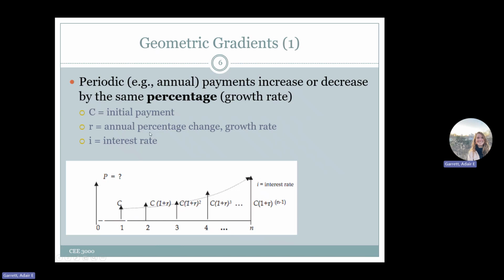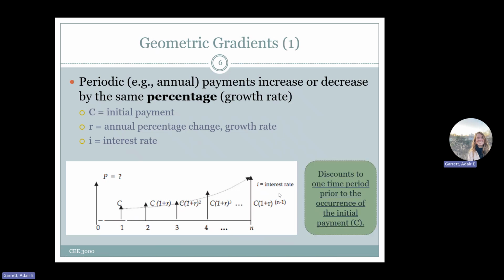R is defined as the annual percentage change or the growth rate. And then we also have to consider I. I is our interest rate that we are still interested in as we're growing over time. So our R and our I may be, but are not always, equal to each other.